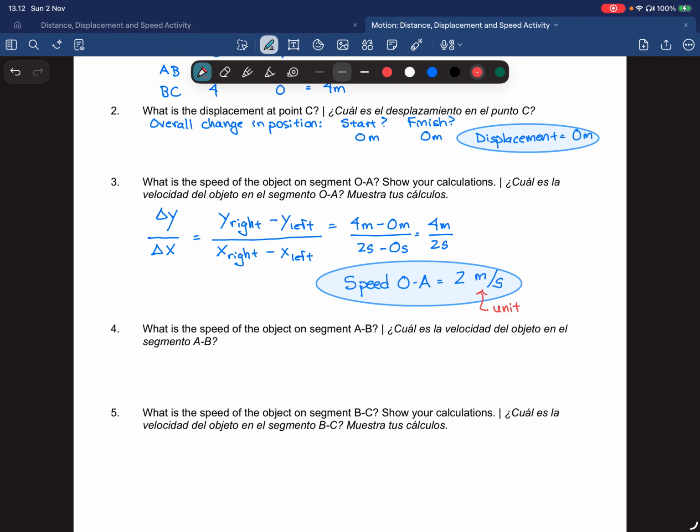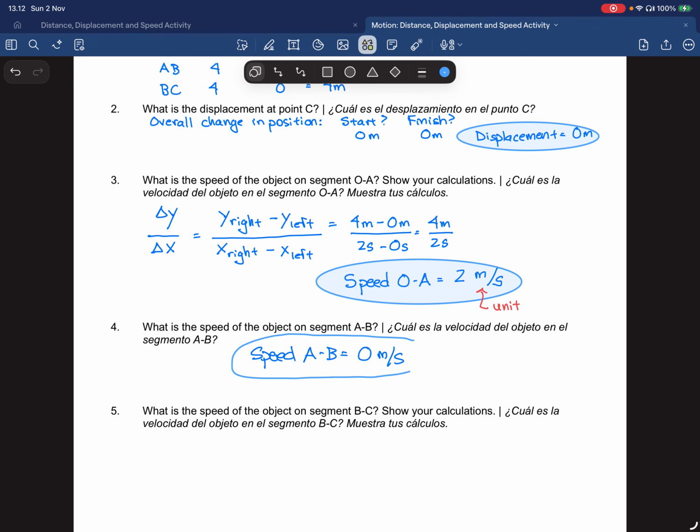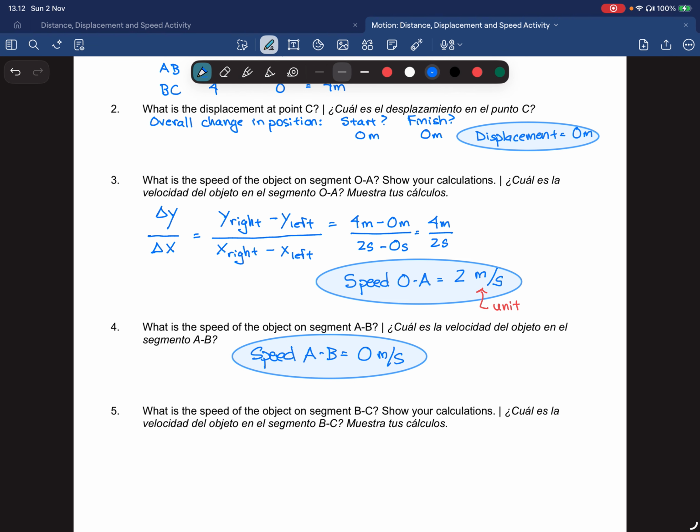So your speed for section AB is 0 meters per second. And the reason, of course, that you know that is that it started and finished at 4 meters, so no movement.